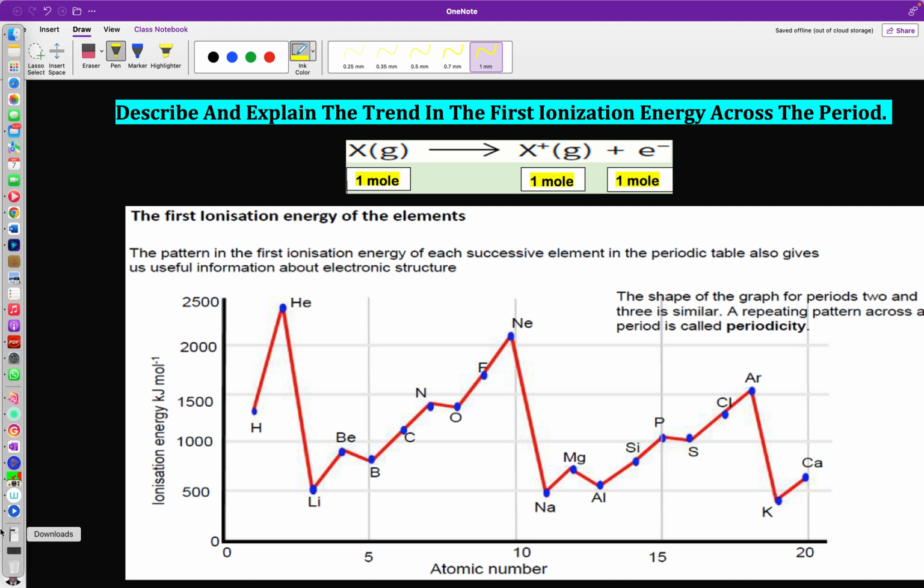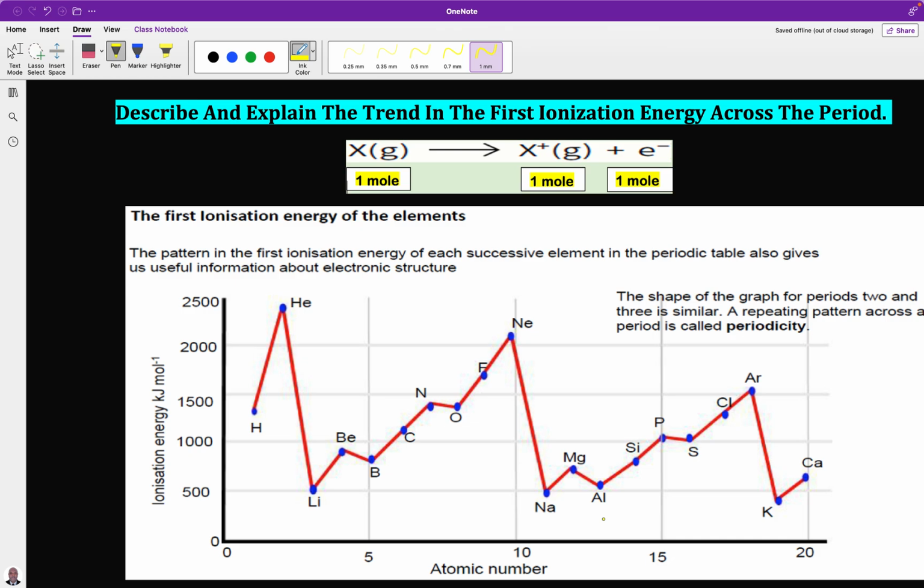Now, in this property, you will see that even though there is a general increase in the first ionization energy across a period, like from lithium to neon, and from sodium to argon, there are some groups with exception. We are talking of group 13 and group 16.